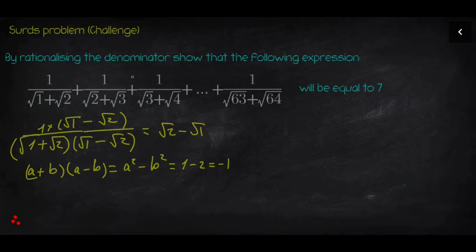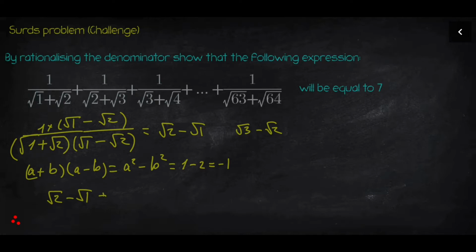Alright, so if you're applying a similar approach, for example, to the second fraction, you'll get square root of 3 minus square root of 2, okay? And because you sum up all those expressions, let's briefly see what you'll get in the end. So instead of the first fraction, we'll get square root of 2 minus square root of 1.